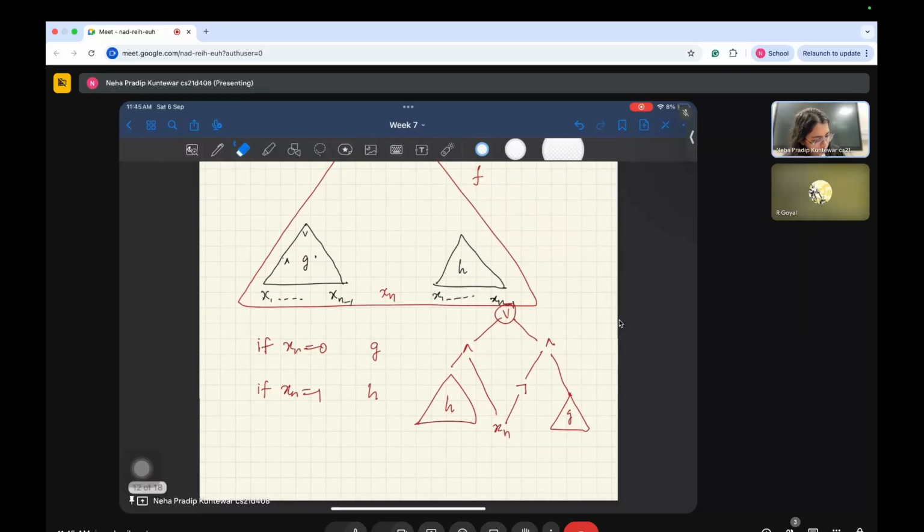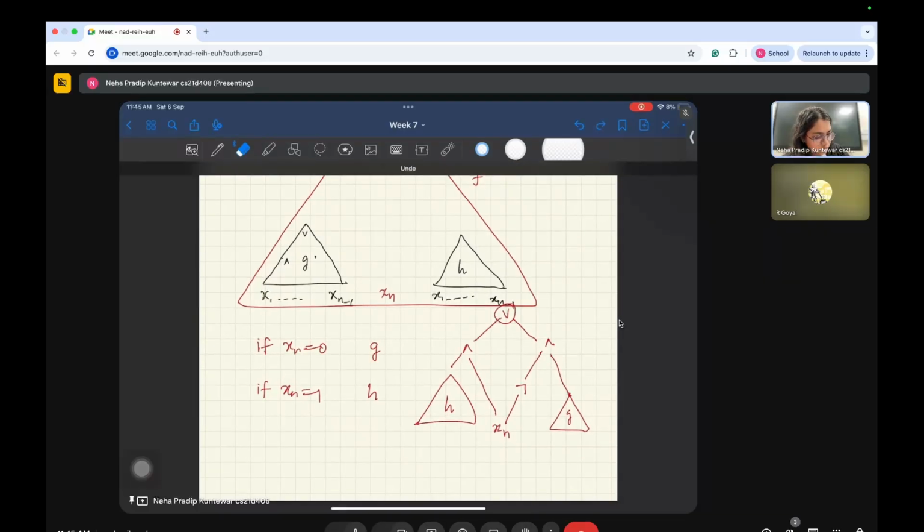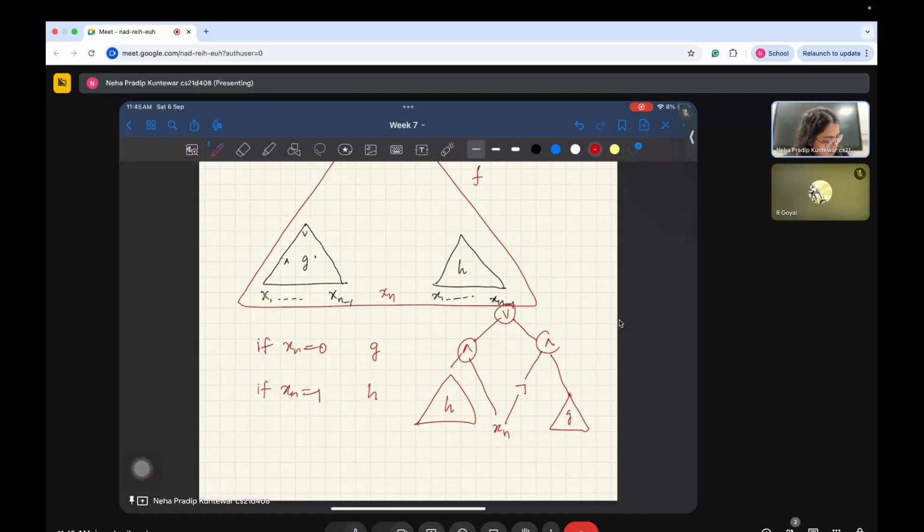So when xn is 1, the value computed here will become 0, but xn is 1, so whatever is computed here is the same as what is being computed at h. So what is being output is nothing but h.